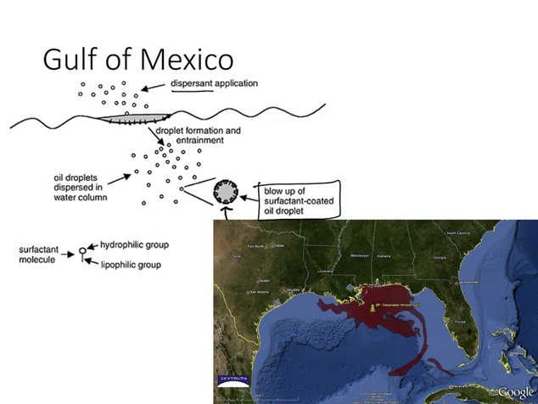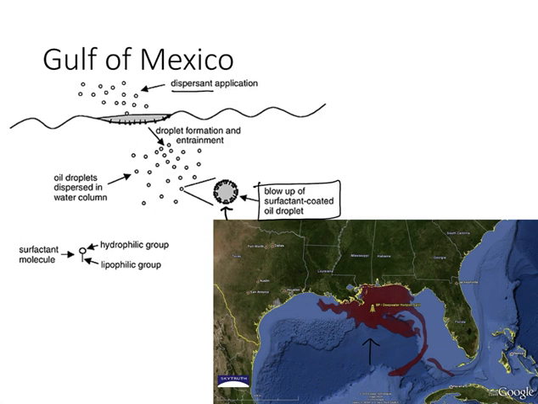Now, unfortunately, a lot of dispersants are toxic to wildlife and to marine life. In fact, down below you can see a picture of the BP oil spill from a decade ago, basically.